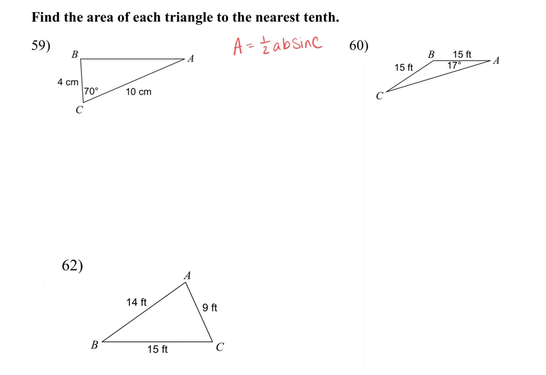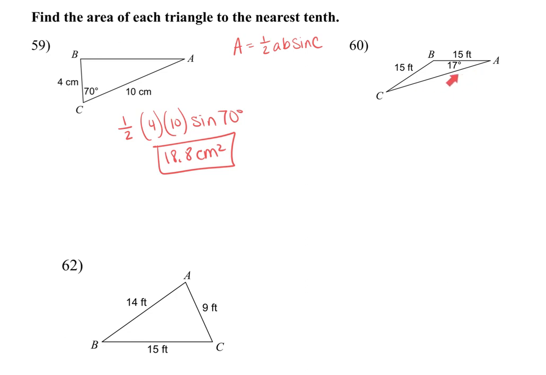So for this, I could go straight to that formula: 1/2, the one side times the second side, the sine of the angle in between them. You will get your area of 18.8 square centimeters for that one. For something like this, you can use this, but remember, you need the sides on either side of the angle.